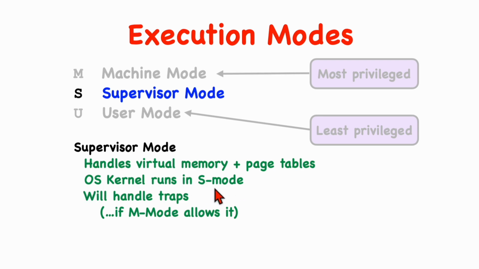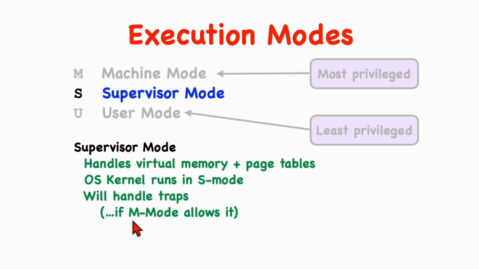And the kernel would then initialize things, including the page tables, and it would run user code in user mode. And when traps occurred in user mode, for example, a timer interrupt, it would be handled by a trap handler running in the kernel in supervisor mode.